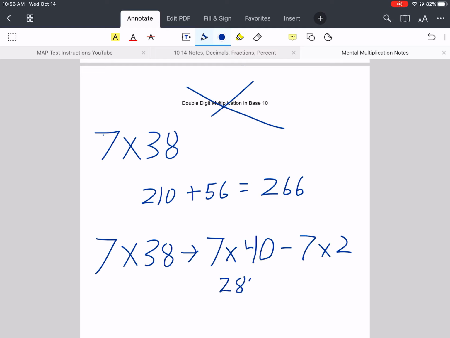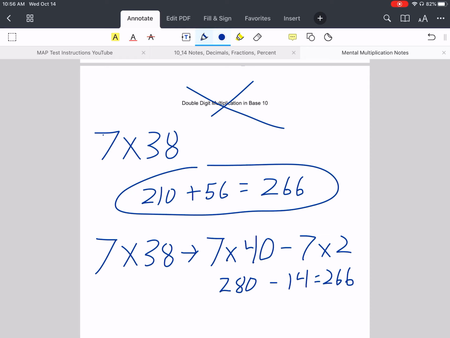And in your brain, you might be able to do 280 minus 14, which is 266. There are some people who prefer using addition all the time, and other people who like using smaller numbers. So in that case, they would use the subtraction. So a lot of you use the distributive property without even knowing it, but it is a good trick.